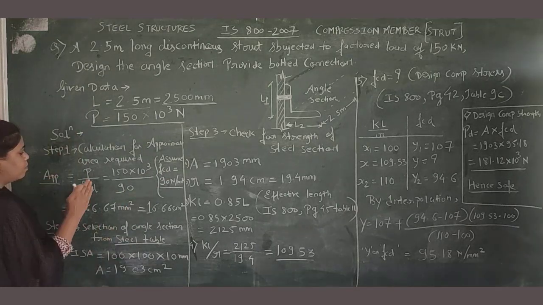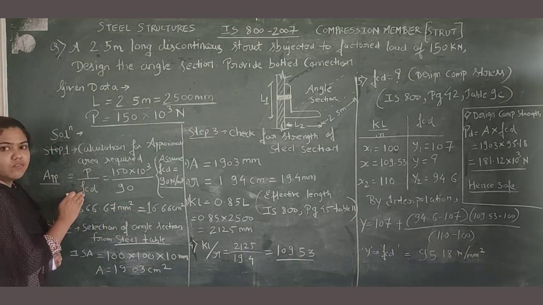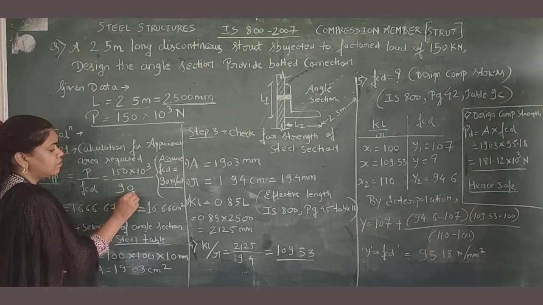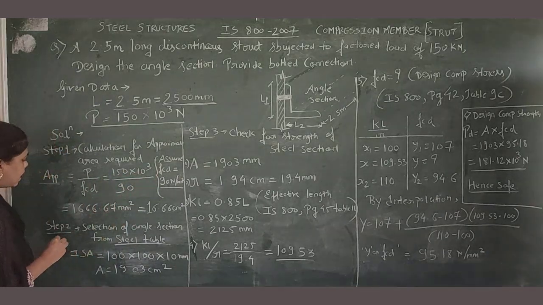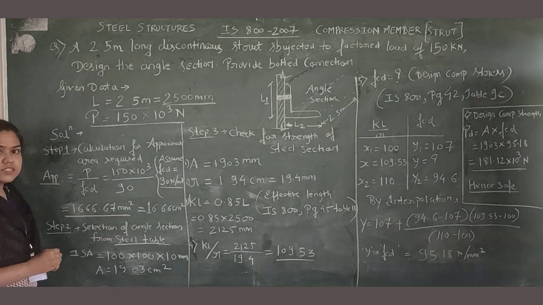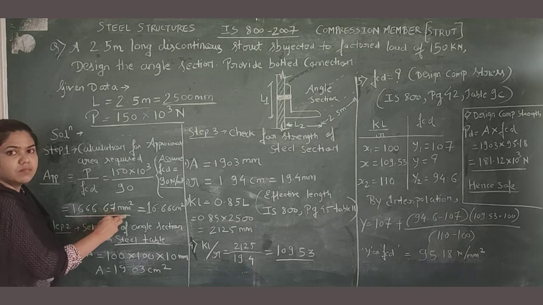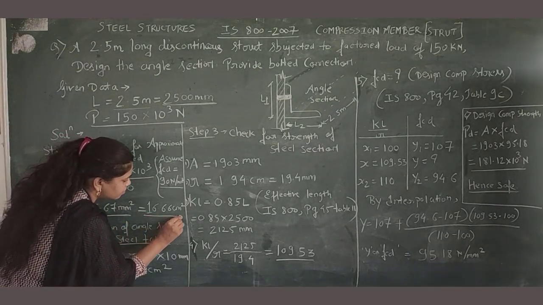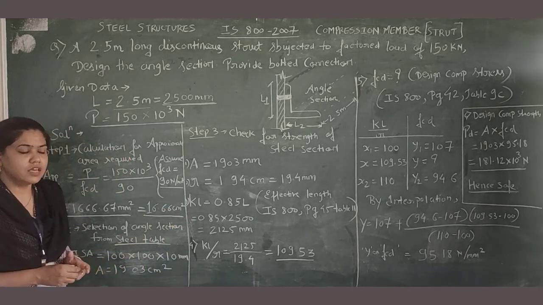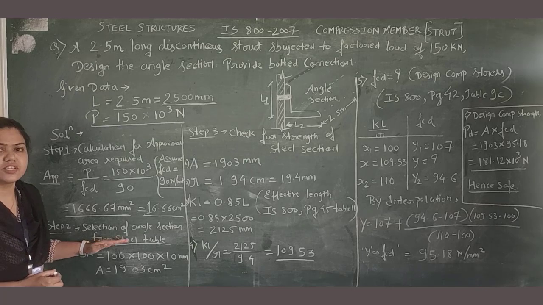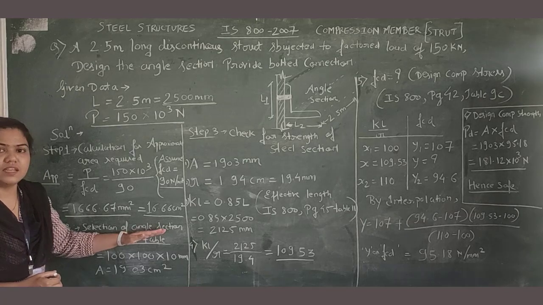Putting the values, 150 into 10 to the power 3 divided by 90, you get the approximate area equal to 166.67 mm square. Convert this value into centimeter square, because in the next step you have to select an angle section from the steel table.